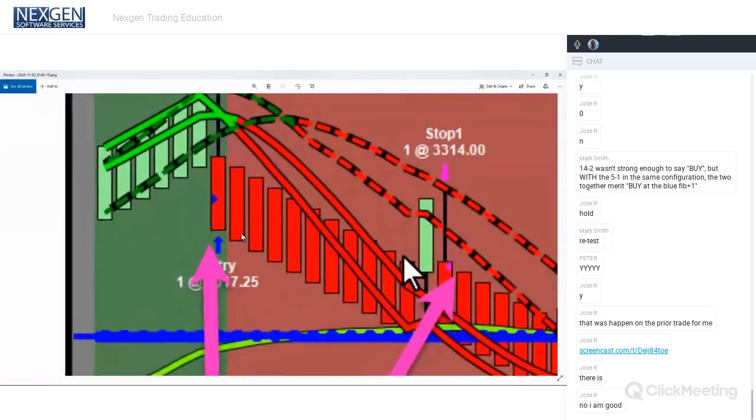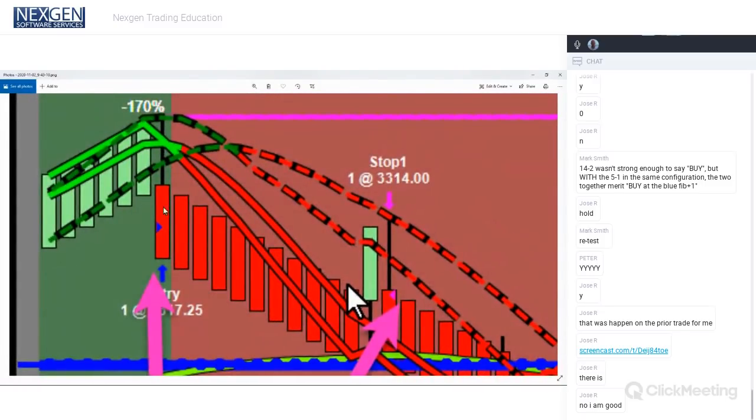The idea of being on the correct side of the trigger lines, either below them for going short or above them for going long. Number one, you had weak triggers, which is a warning. Number two, you're on the wrong side of your triggers, which is less favorable.